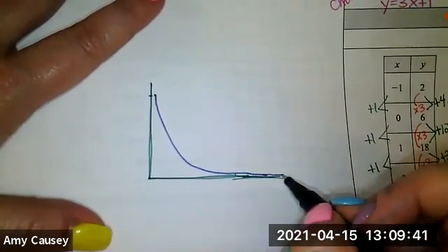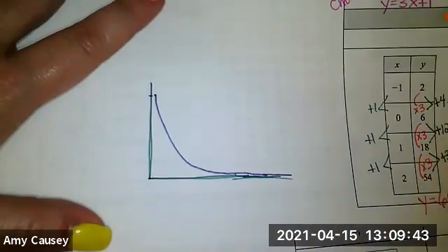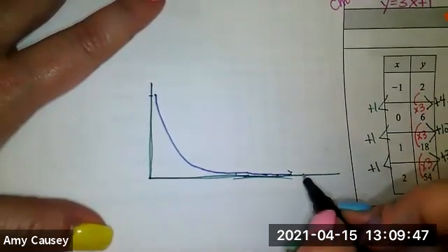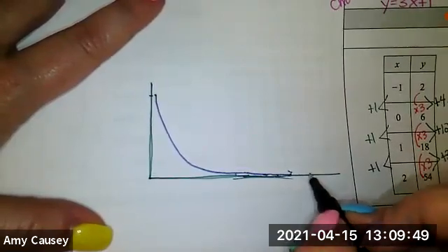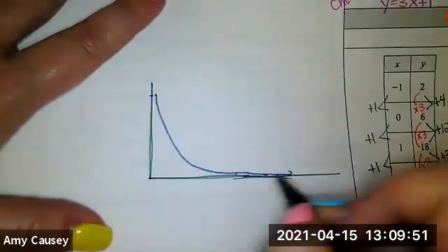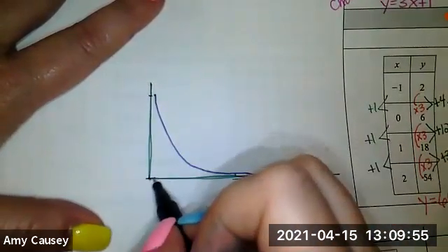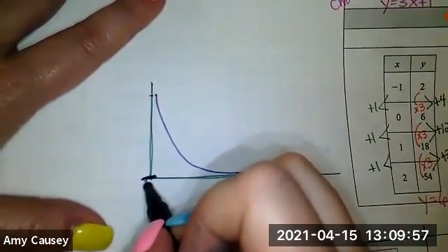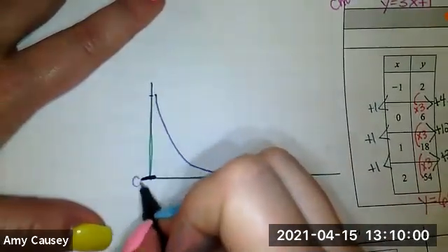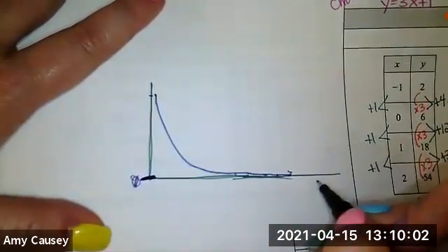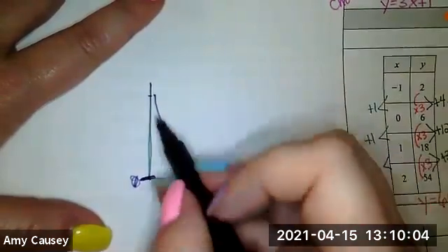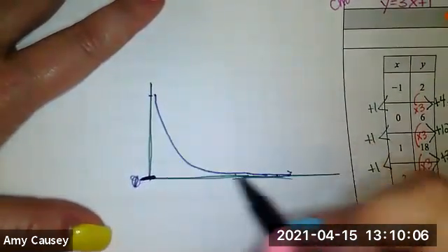It's going to get closer and closer and closer to the 0, but it is never going to touch or cross that 0. It's never going to touch or cross this x-axis. So that 0 mark on the y right here is my asymptote because it's never going to cross that.